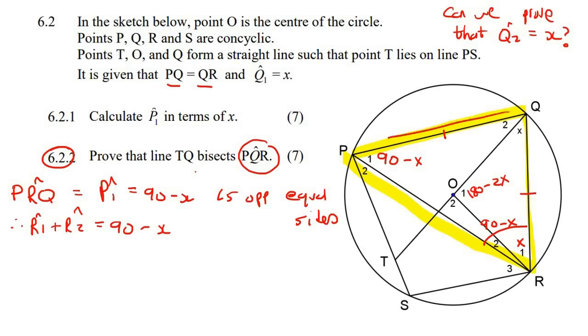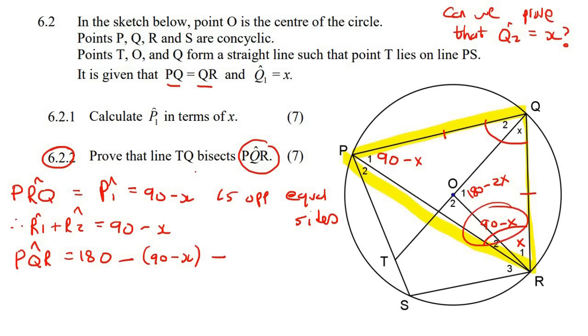So we can now work in this triangle, and work out this big angle Q. So angle PQR is going to be 180 minus this angle. Now, because this angle is more than one term, put it in a bracket, please. And this angle is also more than one term, so just put it in a bracket.